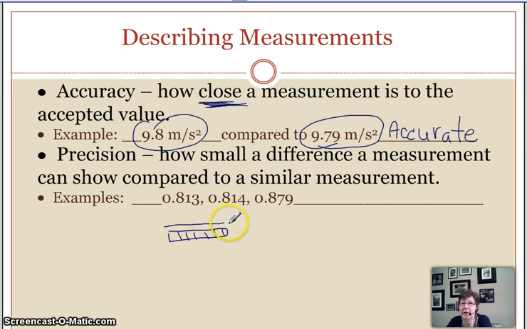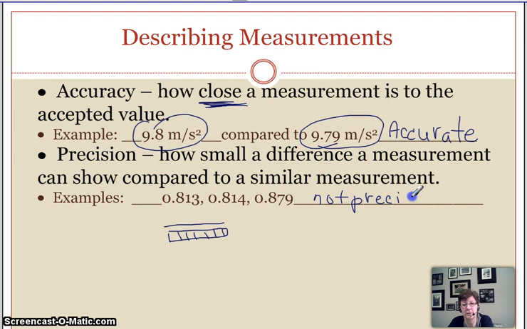So you wanted to double check your measurements, and you did it again, and you got 0.814. And you're like, well, they're pretty close. Let's try it one more time. And this time, for whatever reason, you got 0.879. Well, those 3 measurements are really not that close to each other. And so we would say this was not a precise set of measurements because they aren't really close to each other.